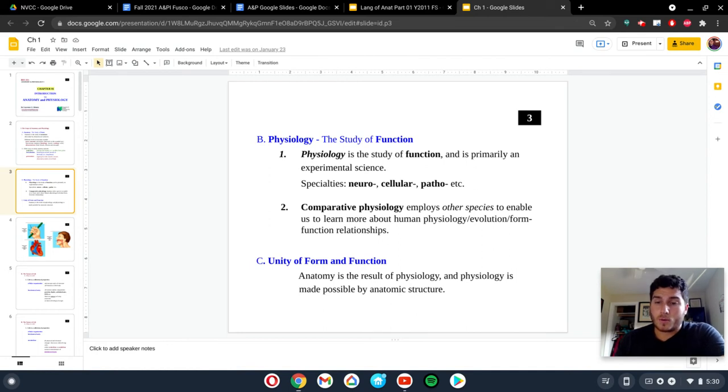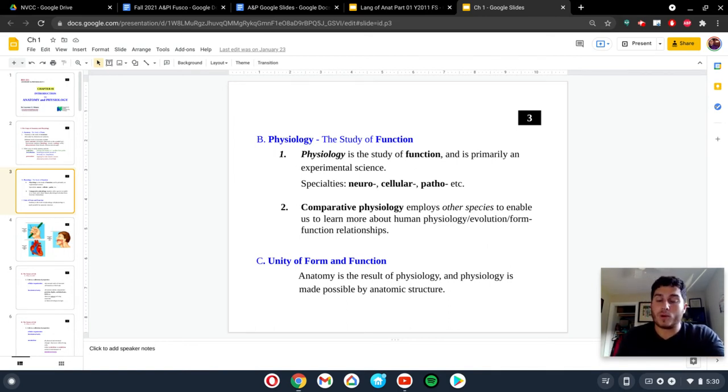Based on that structure, what is it likely going to do? Well, it just so happens that they create the solid foundation for the way your body looks. Without bones, you won't have the structure you have. Without your skull being made the way it is, you wouldn't have a head the way you have your head. Without that femur being the way it's shaped, you wouldn't have that part of your leg.